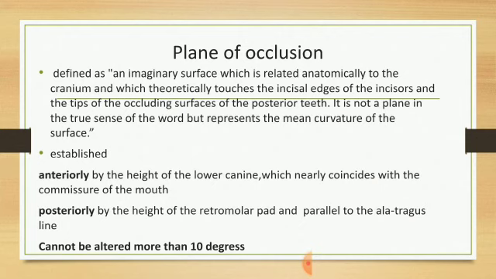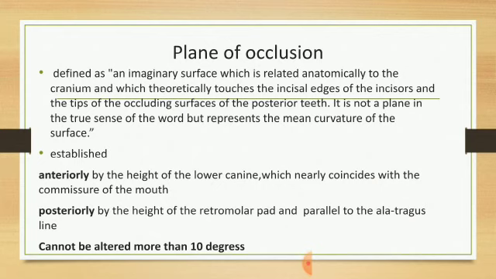Now we all decide the plane of occlusion at the time of jaw relation, right? So it is established anteriorly by the height of the lower canine, because the height of the lower canine coincides with the angle of the mouth, whereas posteriorly we all know for maxillary we have the ala-tragus line, and for mandibular we consider the 2/3 of the retromolar pad.